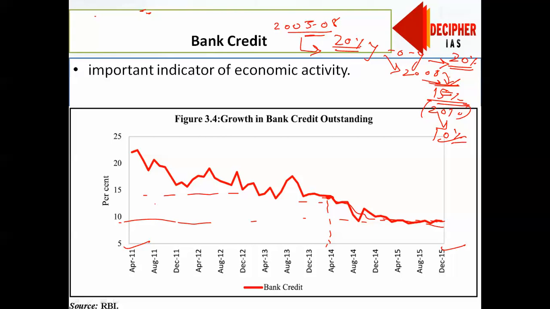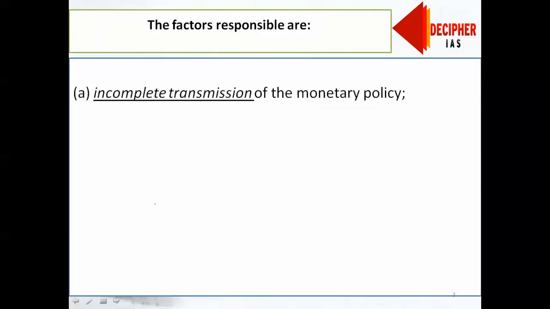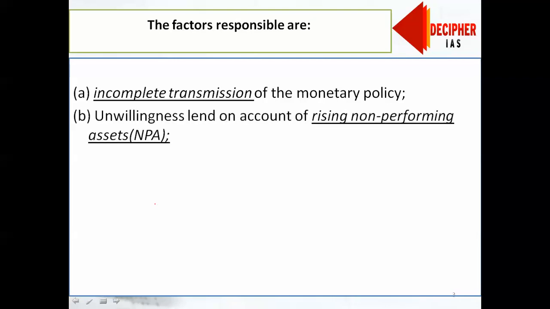So what factors are responsible for this fall? First of all, incomplete transmission of monetary policy, as banks have not passed on the entire benefit to borrowers. The second point the Economic Survey makes is the unwillingness of banks to lend credit, because banks already have very high non-performing assets.